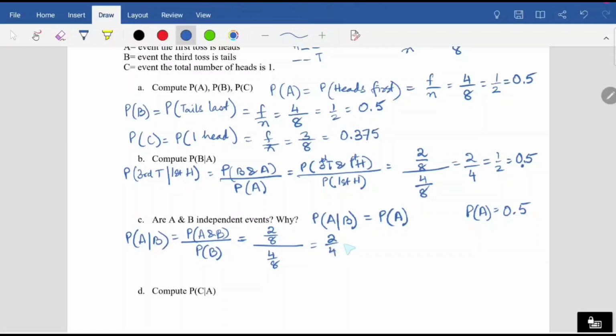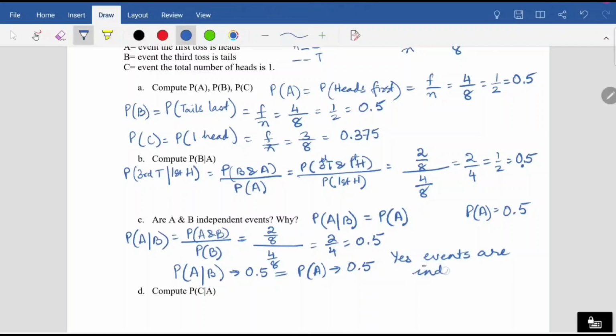So it's going to be 2 over 4, which is 0.5. Now we can compare probability of A given B with probability of A, and we see that they are equal. So probability of A given B, which is 0.5, is equal to the probability of A, which is 0.5. Therefore, yes, the events are independent.